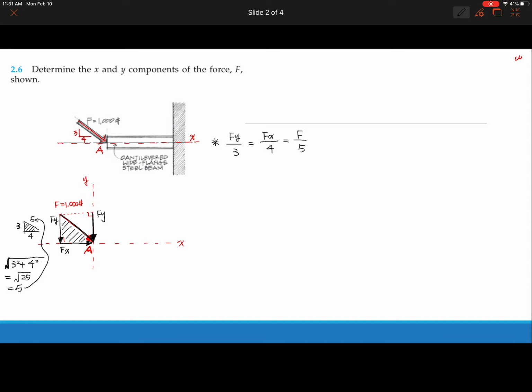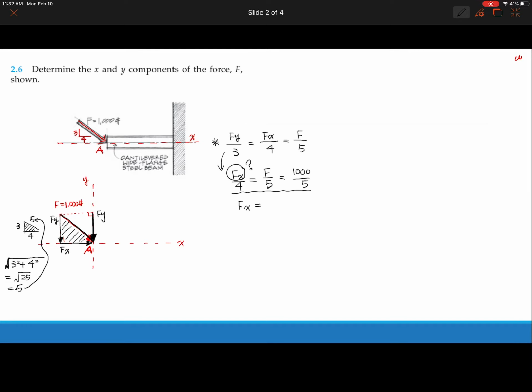From this equation, you have two equations. You have Fx over 4 equals F over 5, and F is given, so it equals 1000 over 5. In this equation, you only have Fx as your unknown variable, so you definitely can solve it. What is Fx?